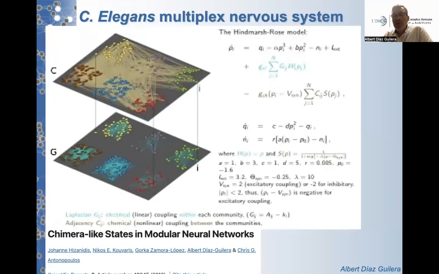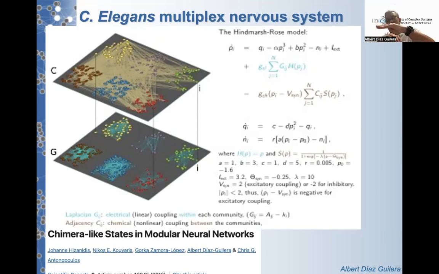We were also looking in this direction at a very well-known case, the C. elegans nervous system. We were considering it as a multiplex because in the C. elegans nervous system one can identify very clearly the topological communities. We were considering two different types of interaction, electrical and chemical.